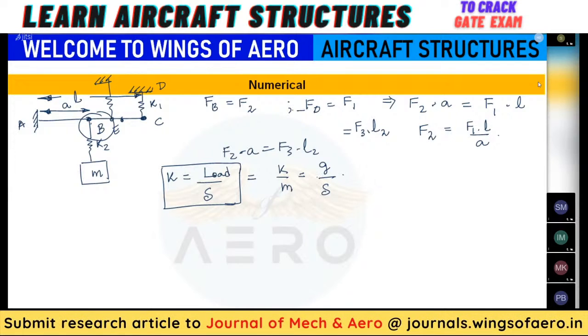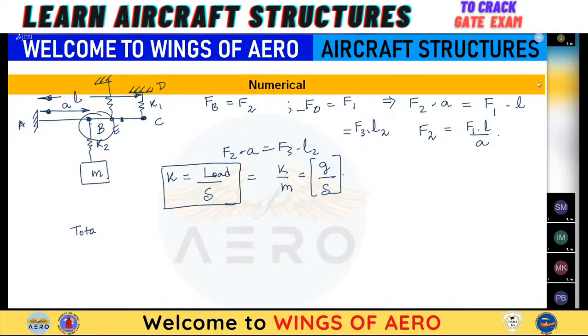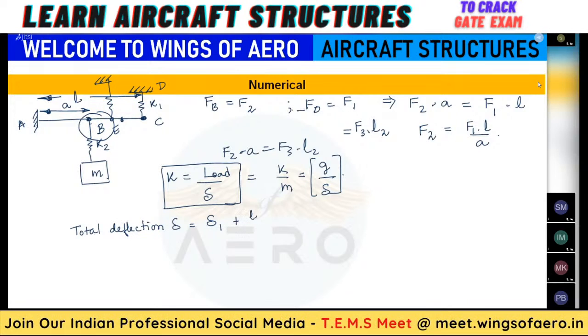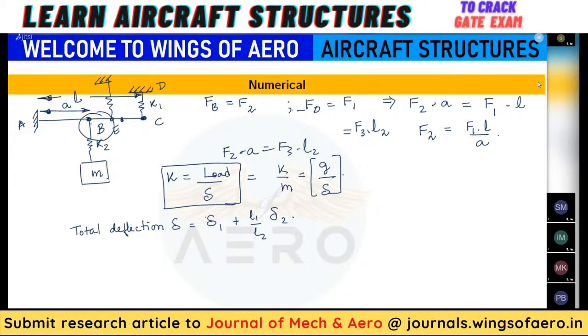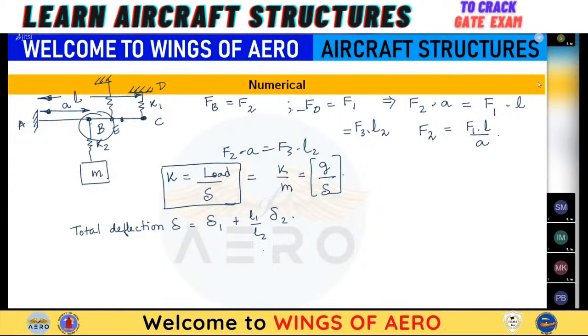To find out the overall or total deflection, we will use this form: del equals del 1 plus L1 by L2 of del 2. That is, whatever the deflection is in the first, we will substitute, plus L1 by L2 into del 2. When you solve, you will get one of the forms.